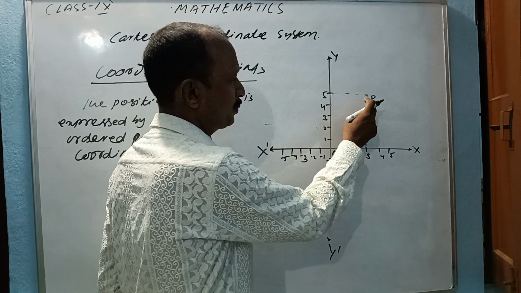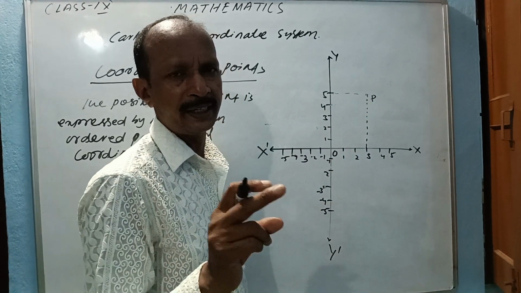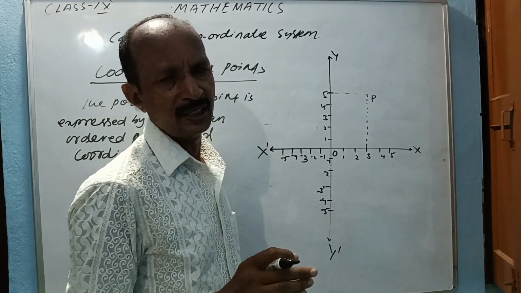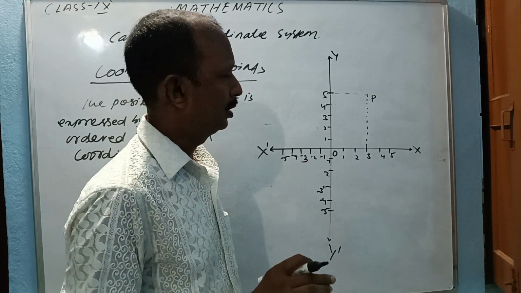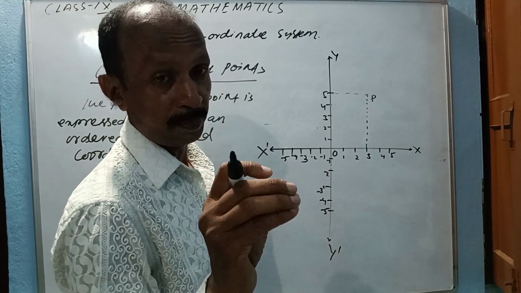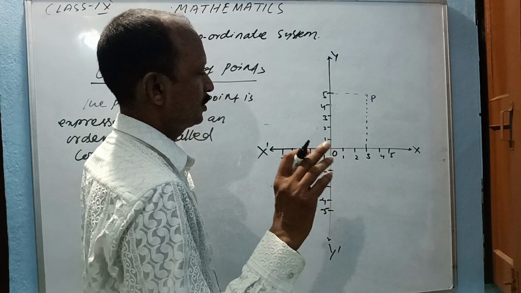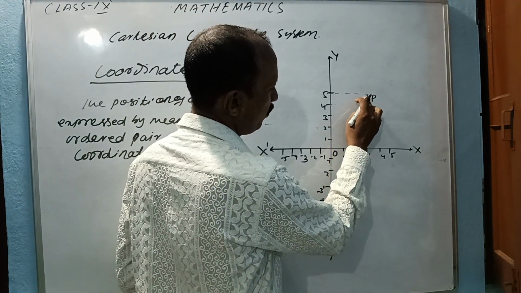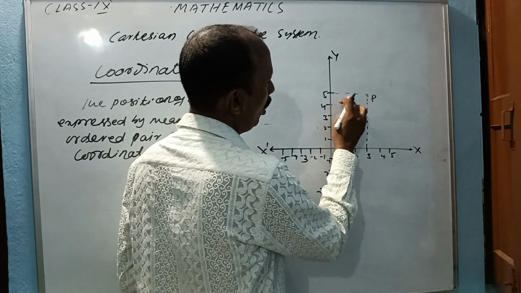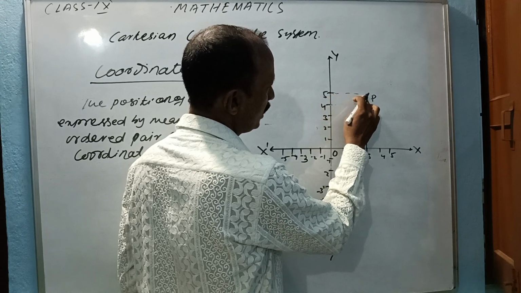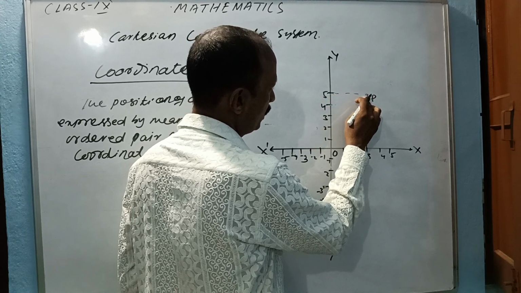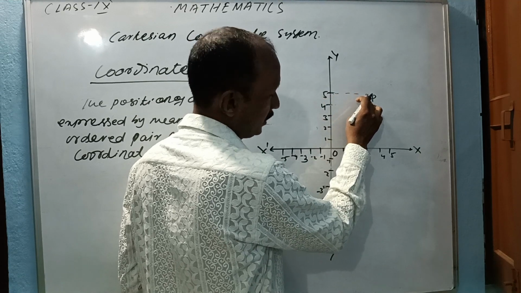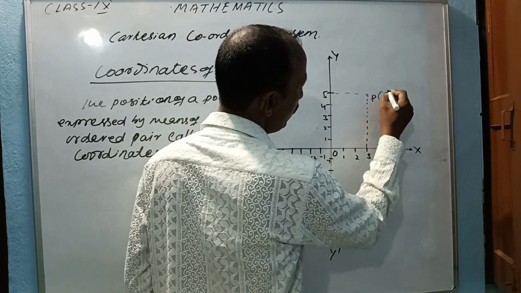I want to express the position of the point P by means of a pair of numbers, or we say ordered pair. What is that ordered pair? Let us see here. Now the position of this point P, or I can say the perpendicular distance of the point P from y-axis is called x coordinate.